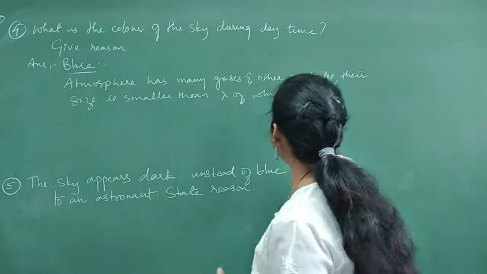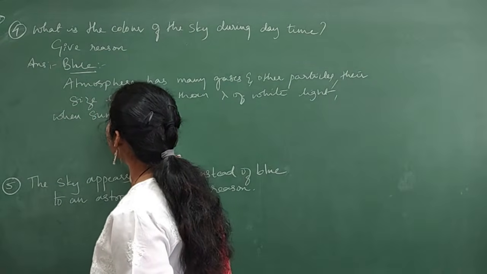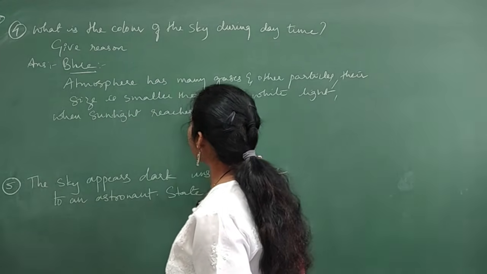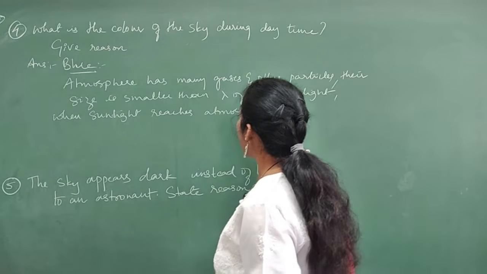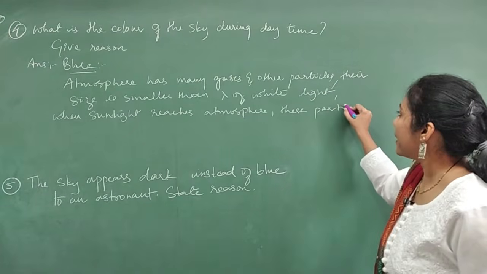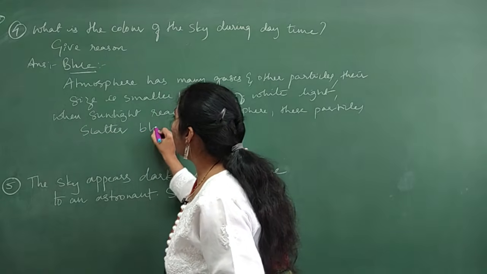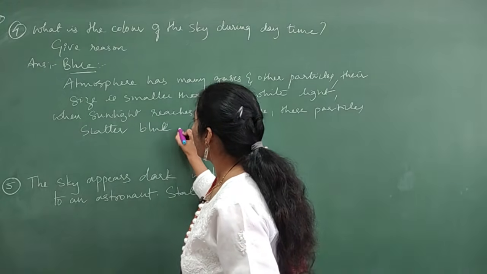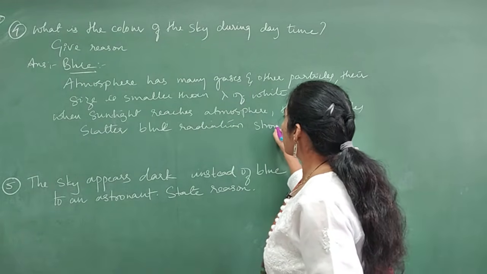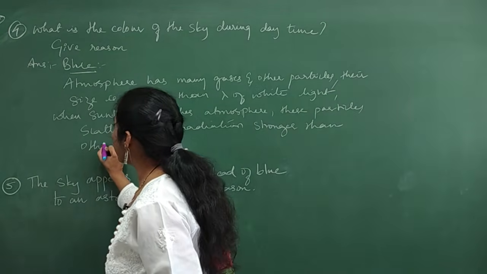Okay, so what I can write here: when sunlight reaches the atmosphere, these particles scatter blue radiation stronger than others.